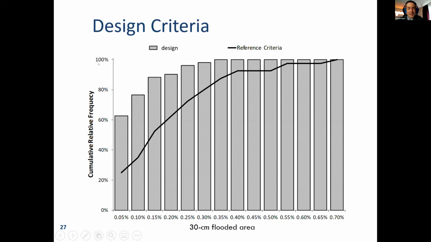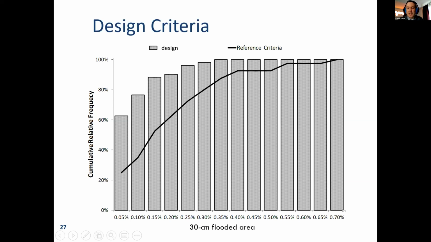And then on the vertical axis, we have cumulative relative frequency. So this means between all the modeled cases that we performed, so all the stochastic models we generated, how many of them resulted in this amount of flooded area or less. So you can see this graph is curving up towards 100% as we get to the higher flooded area.